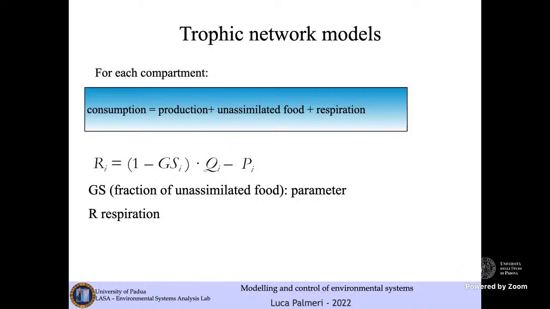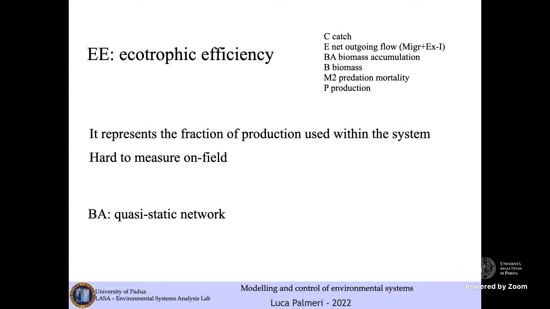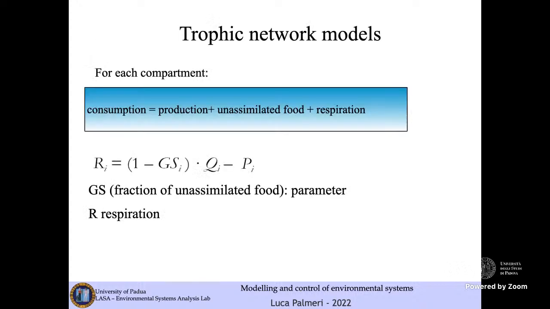We are in a condition of a quasi-static network, in which we have biomass accumulations, so a slow growth of biomass, and for each compartment, the equation that we have translated into our continuity equation is consumption equal to production plus unassimilated food plus what is lost with respiration.